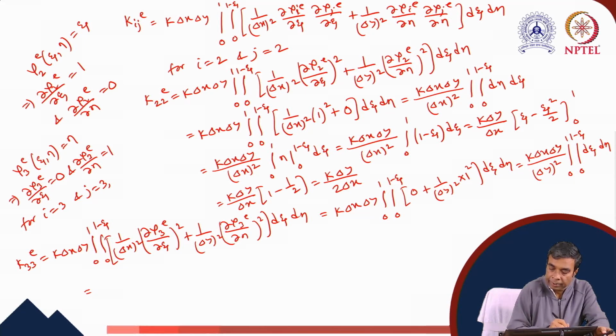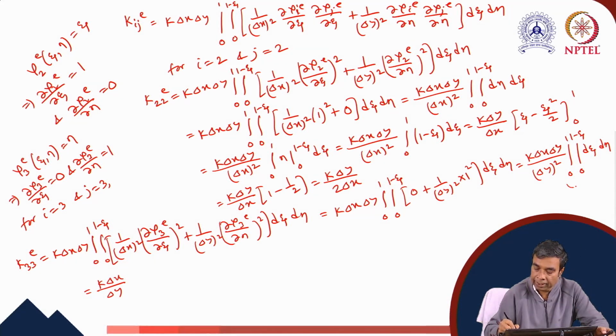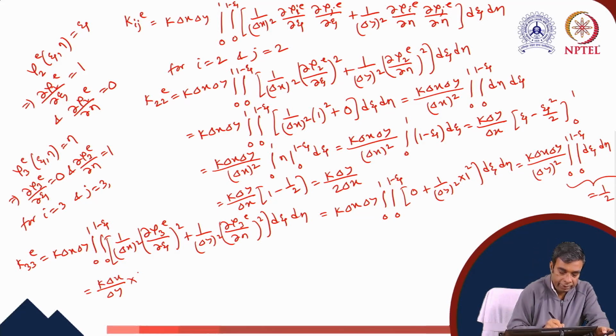So this gives us k Δx/Δy. Now this integral we have already evaluated as half, so we can directly write k Δx / (2 Δy).